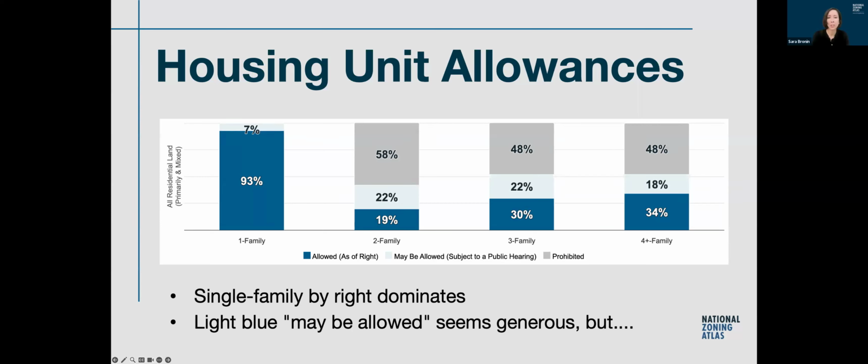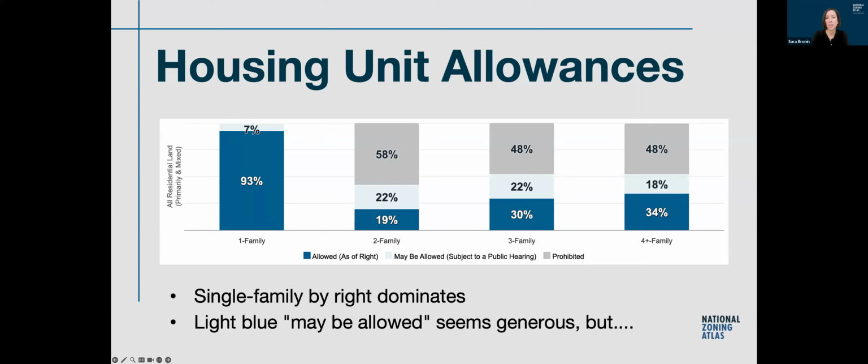But these stats that you see here come from our snapshot feature, which summarizes data that we've queried. And in our case, we've decided that people would most want to know how single, 2, 3, and 4 family housing is allowed, prohibited, or allowed subject to a special permit or public hearing across jurisdictions.